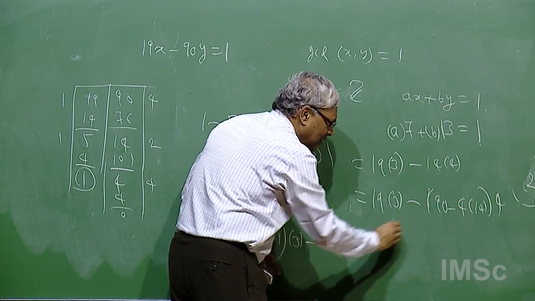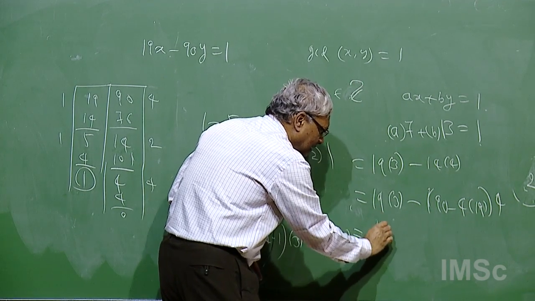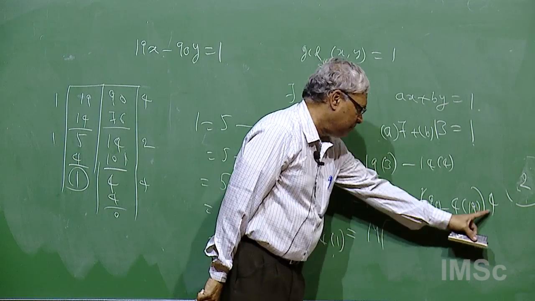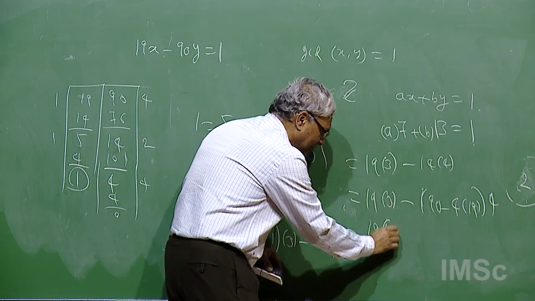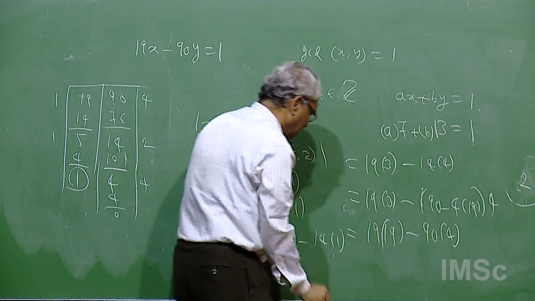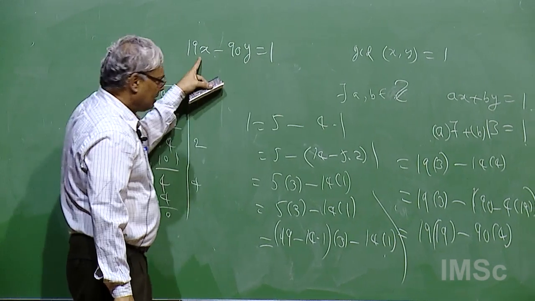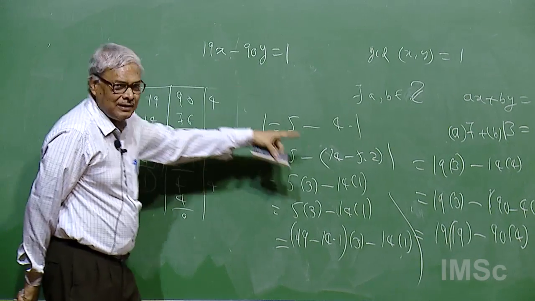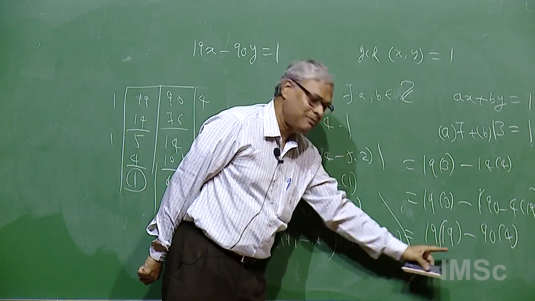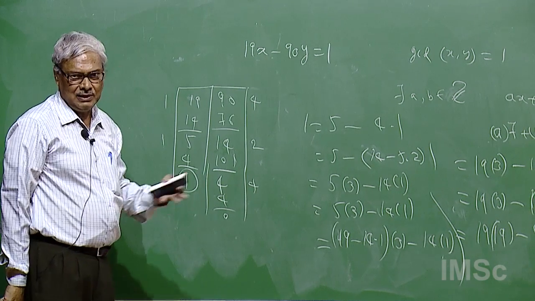So this becomes 19 times 4 times 4 plus 3. That's also 19 minus 90 times 4. So our 1 equals finally 19 times 19 minus 90 times 4, which is true because 19 times 19 is 361 minus 90 times 4 is 360.